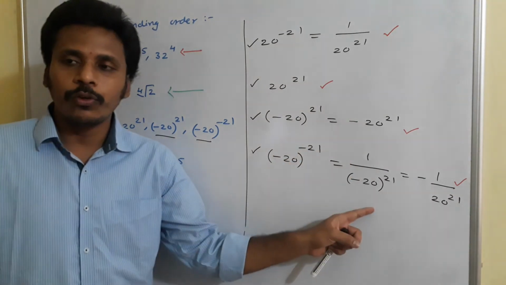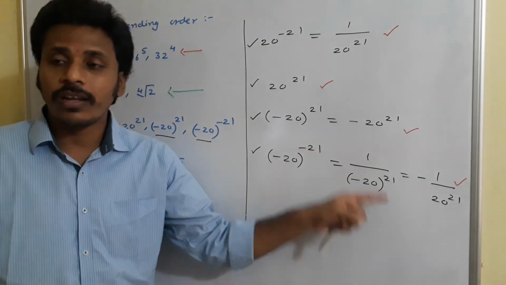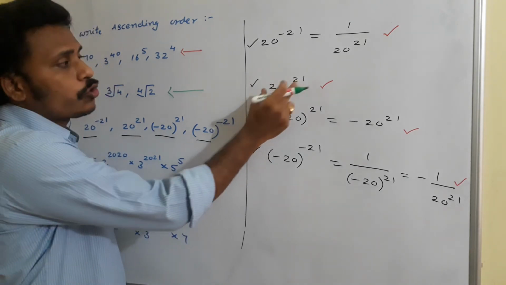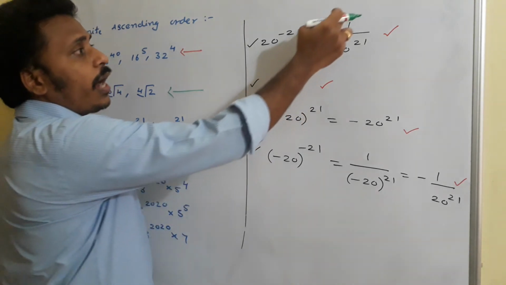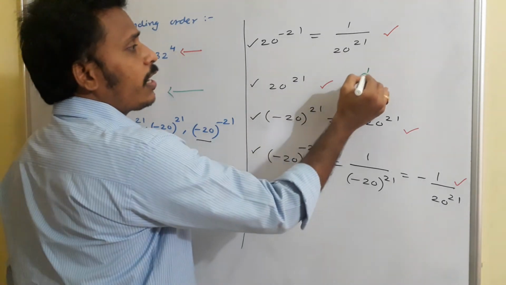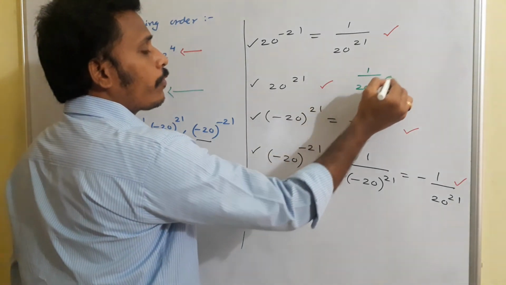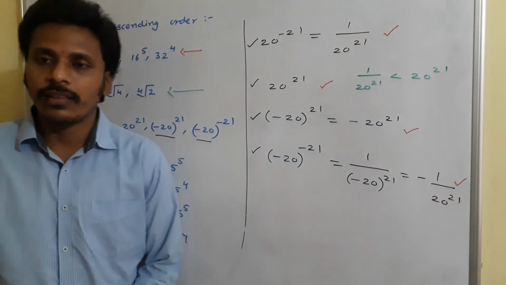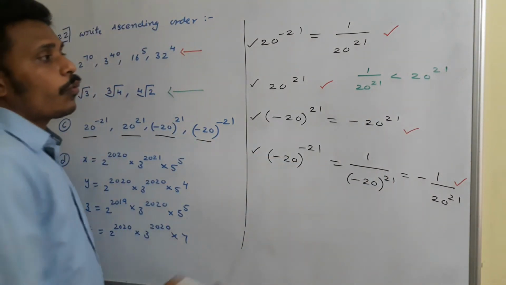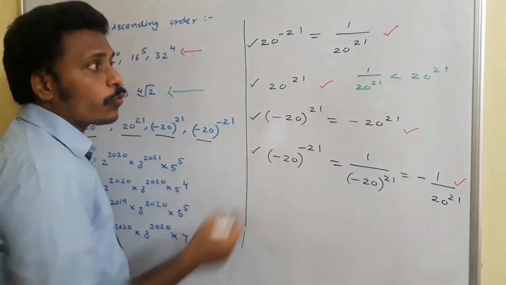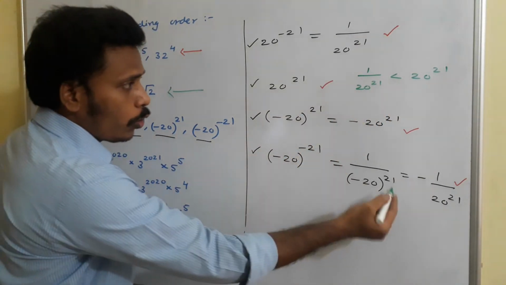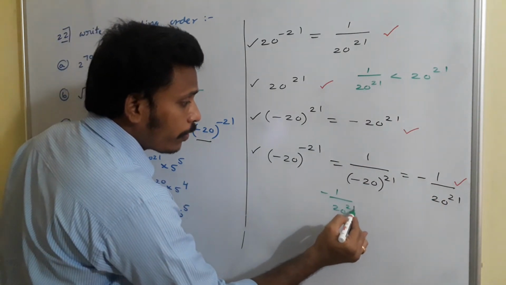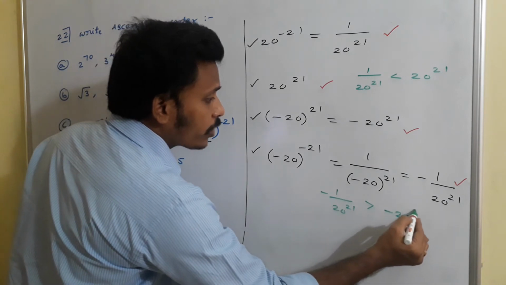Negative numbers are for sure smaller than positive ones. Among the positive two, 1 by 20 power 21 is always less than 20 power 21. 1 by 3 is less than 3, right? So 1 by 20 power 21 is less than 20 power 21. Here, minus 1 by 20 power 21 is greater than minus 20 power 21.